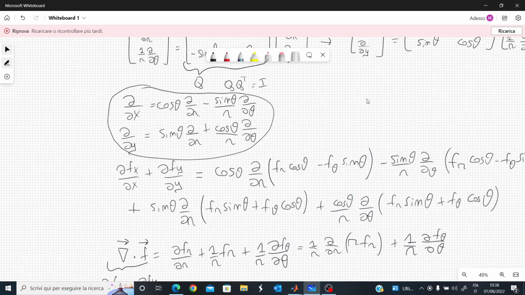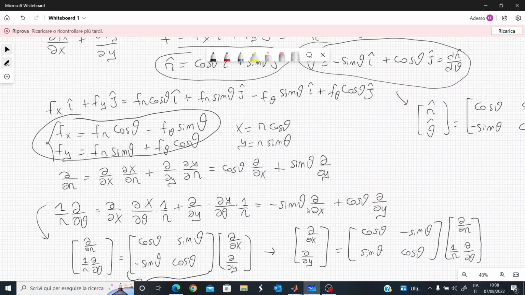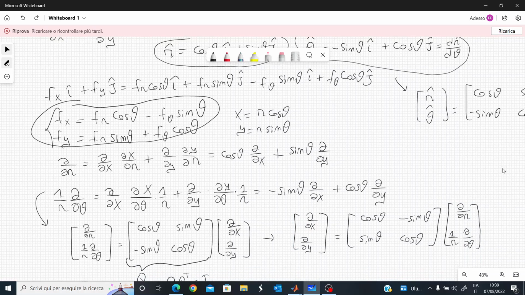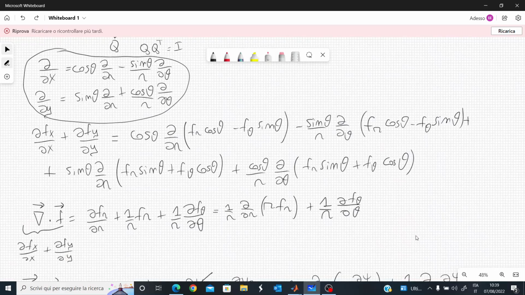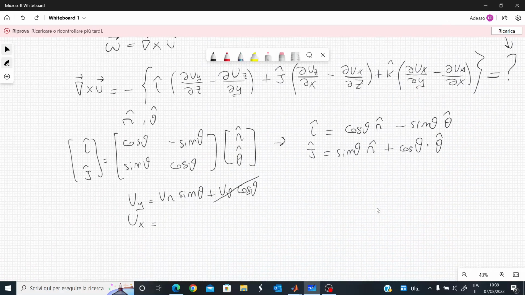So you can simply find them from these expressions here. Instead of f, you will have u. So u_x is equal to u_r cosine theta minus u_theta sine theta, whereas u_y is equal to u_r sine theta plus u_theta cosine theta.